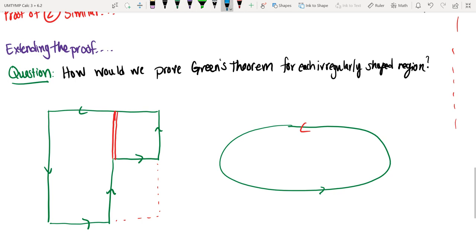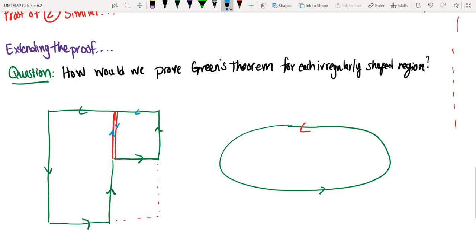Then we could do Green's theorem separately for both of these, and we might have the left part traversing in the up direction as shown on the screen, and the right one would traverse down.